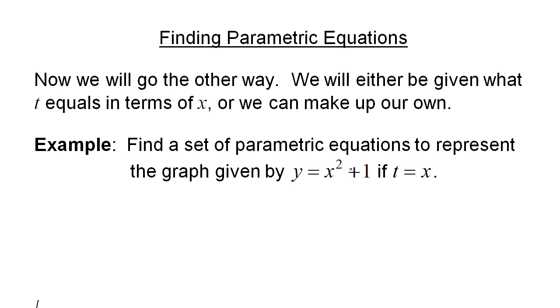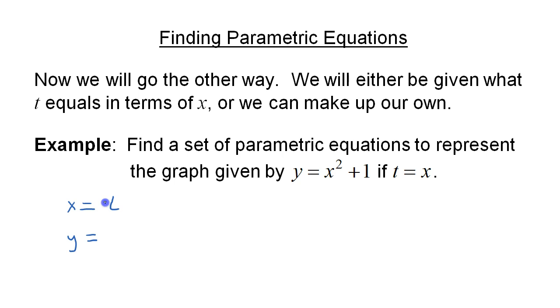So in this example, we're told to find a set of parametric equations for y equals x squared plus 1 if I'm given t equals x. Now remember, parametric equations are going to be x equals something and y equals something. Well, if you're told that t equals x, that means x equals t.